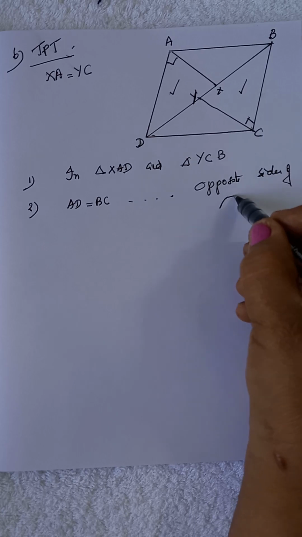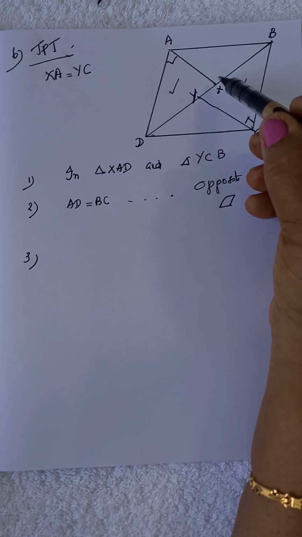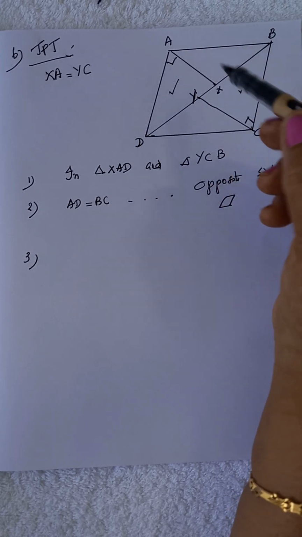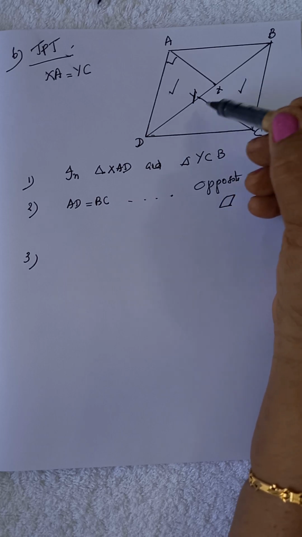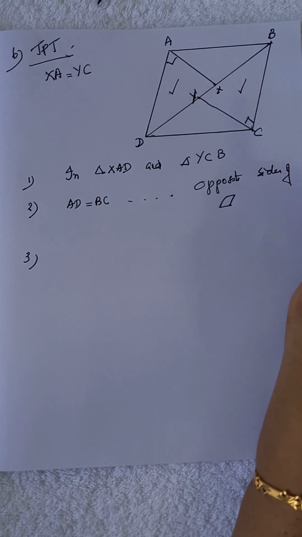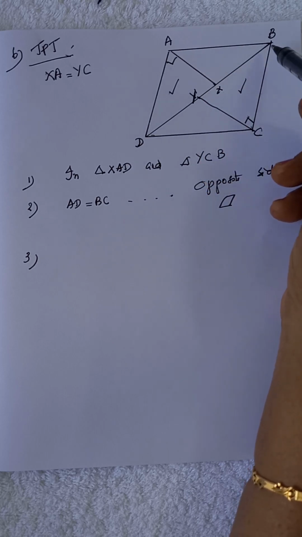Now the third point is angle DAX is 90 degree. Also this angle YCB, that is also 90 degree. So we can say that angle DAX is equal to angle YCB, that is equal to 90 degree.